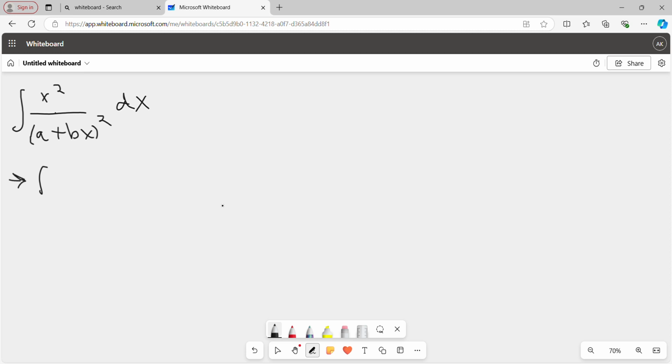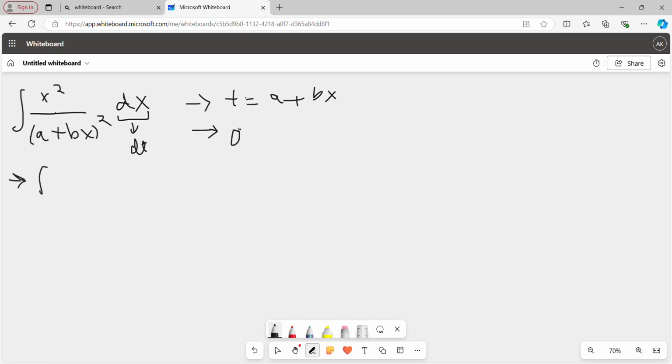So our t is equal to a plus bx. Let's differentiate it because I want to write dx in terms of dt. Differentiating both sides is a good option.